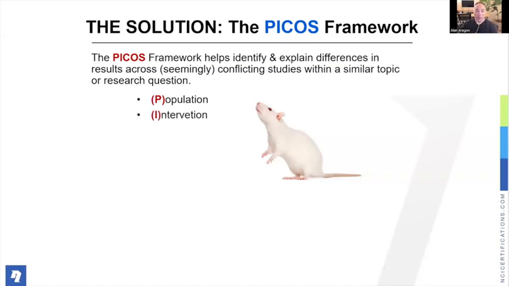I stands for intervention. In other words, what is the experimental agent that we're looking at? Or if it's observational literature, what is the exposure that we're looking at? An intervention, for example, and I'll just use the same one for convenience, we can just use creatine.